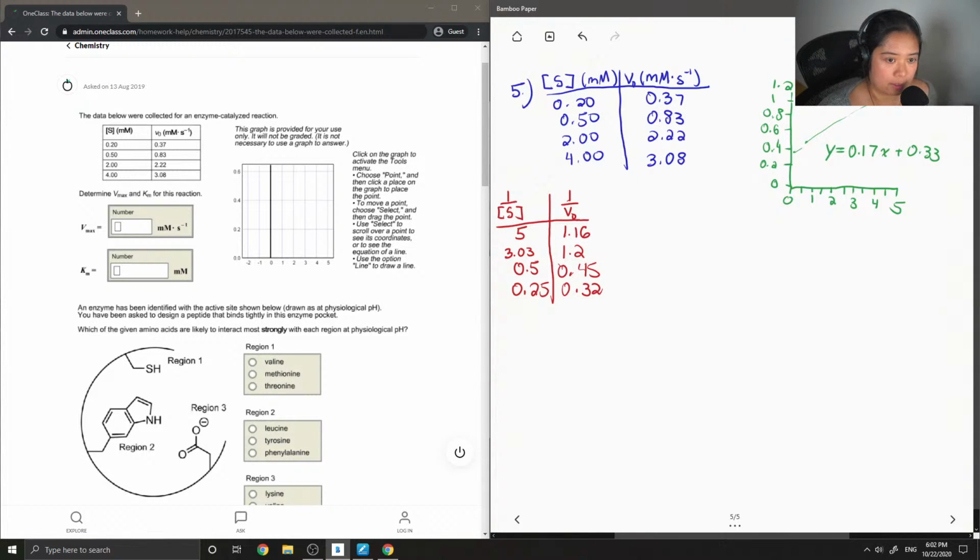So basically, 1 over V max is equal to your 0.33 value. Therefore, we can calculate V max, and it'll be equal to 3.0.